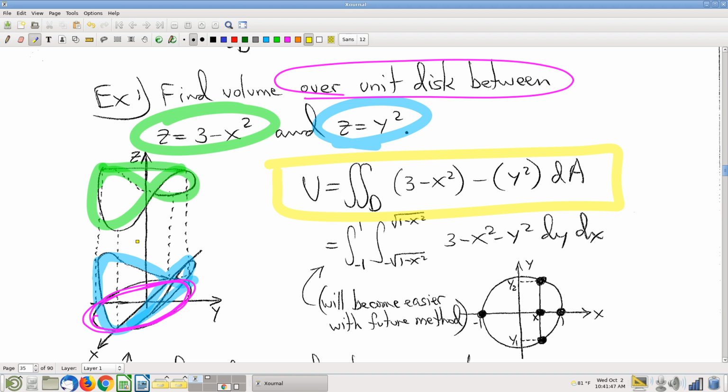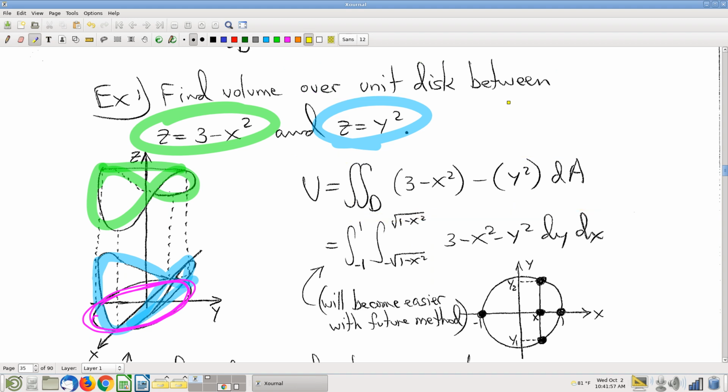Well, I refer you back to chapter 12. We know how to draw pictures of these things. But even more conveniently, let me observe that over the unit disk, x squared is always no bigger than 1. And that means that this green function is always at least 2.